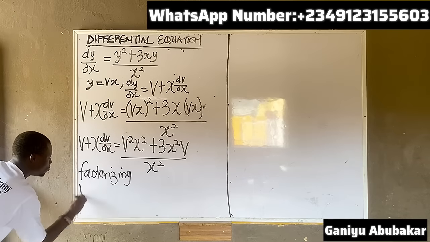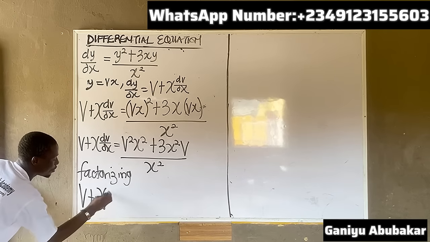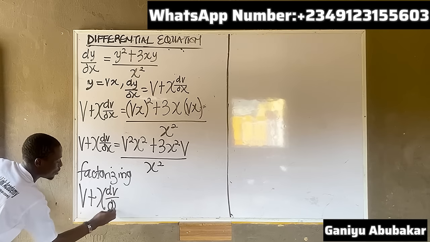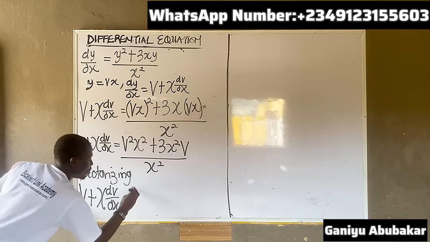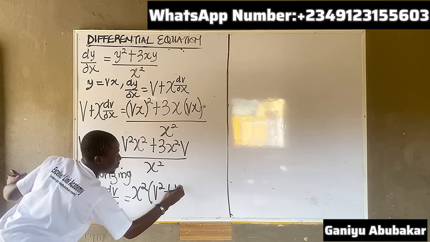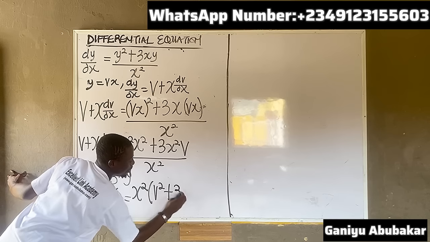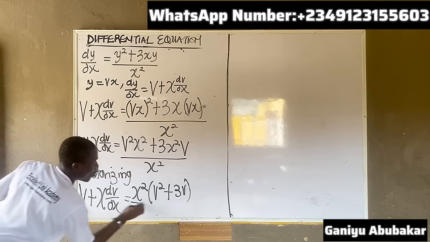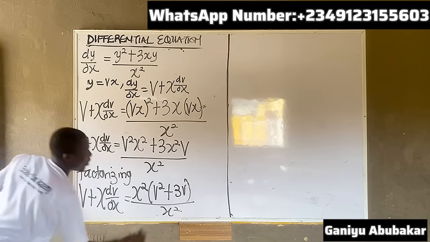That gives you v plus x dv/dx is equal to x squared into v squared plus 3v, all over x squared.